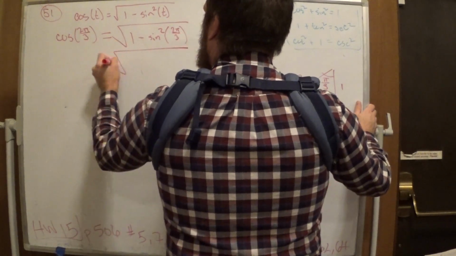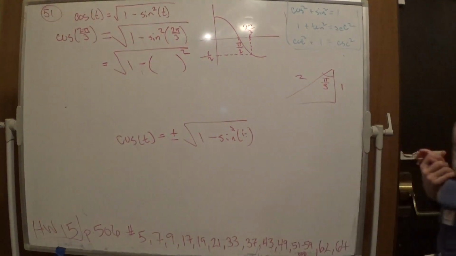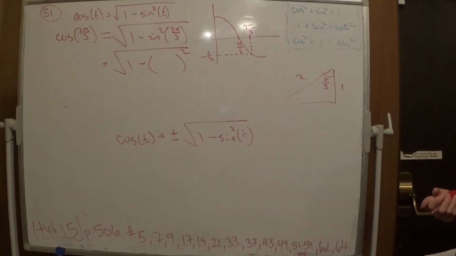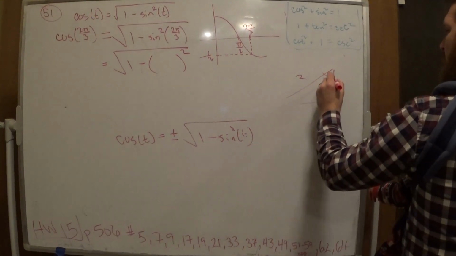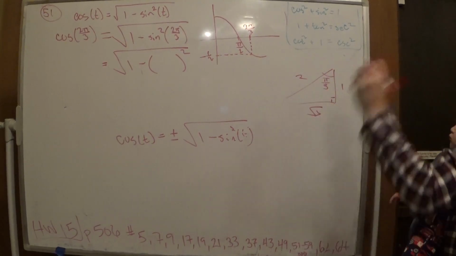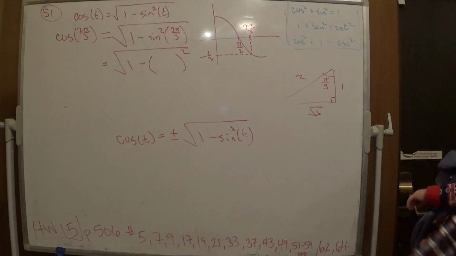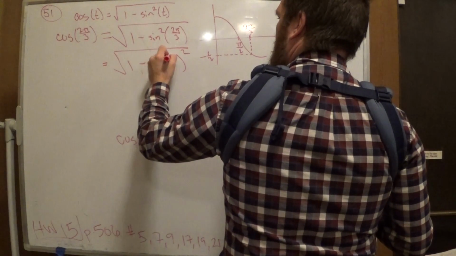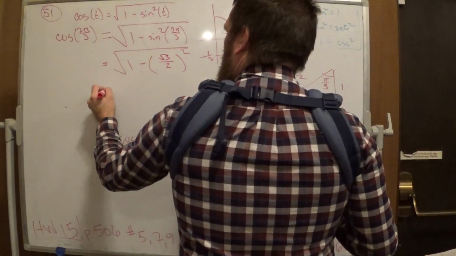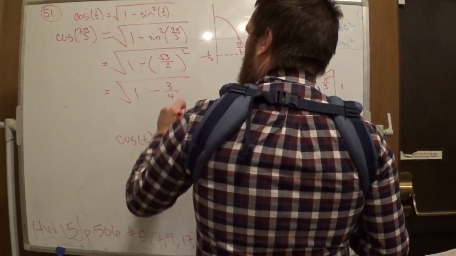1 minus sine squared. Sine of 2 pi over 3 would be root 3 over 2, positive root 3 over 2, which is the square root of 1 minus 3 over 4.